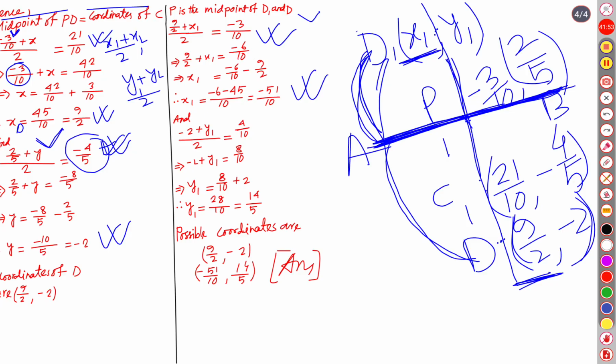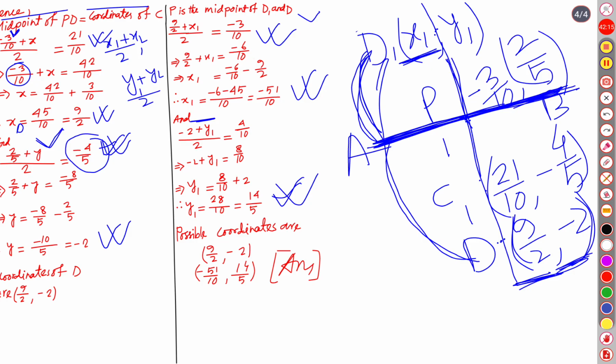Similarly, the y coordinate of D is negative 2, and we have supposed the y coordinate of D1 is y1. So negative 2 plus y1, over 2, is equal to 4 over 10, the y coordinate of the midpoint. Then ultimately we have got the y coordinate of D1 as 14 over 5.